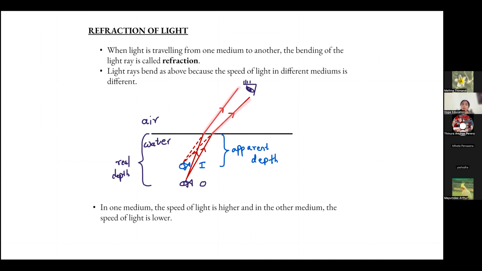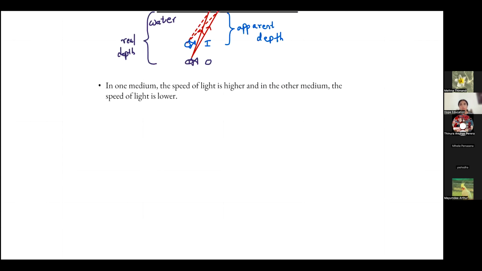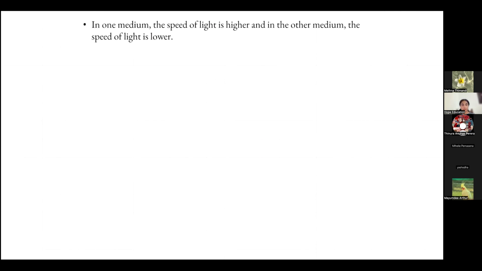All right. So now we are going to be doing one of the most important parts, right? Here we are going to take a glass block. So we have a glass block like this.